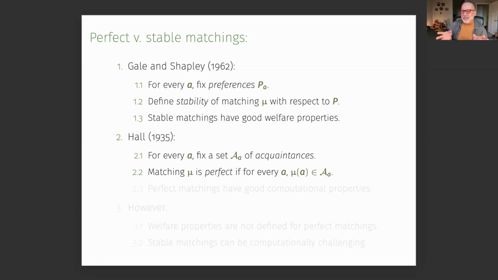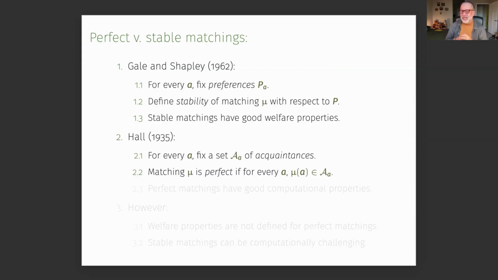There is a big difference in approach, which is that in this literature, they don't endow the story with preferences. Instead, they say, let's imagine that for each agent A, there is a set of people of the other gender, and they call these other people their acquaintances.